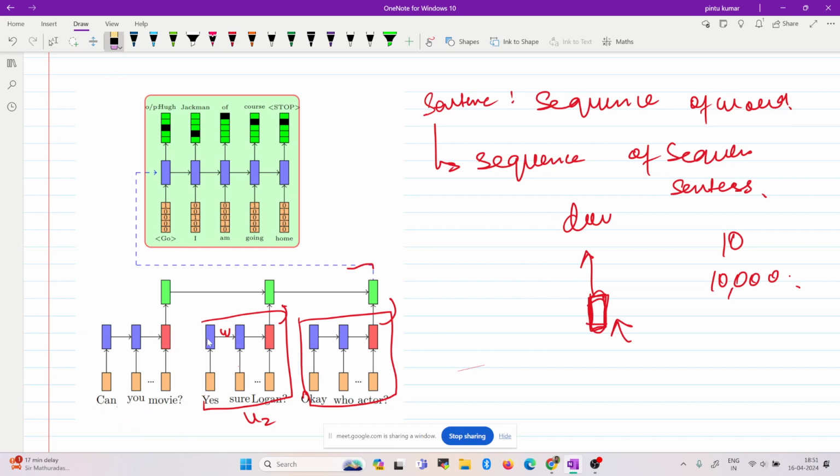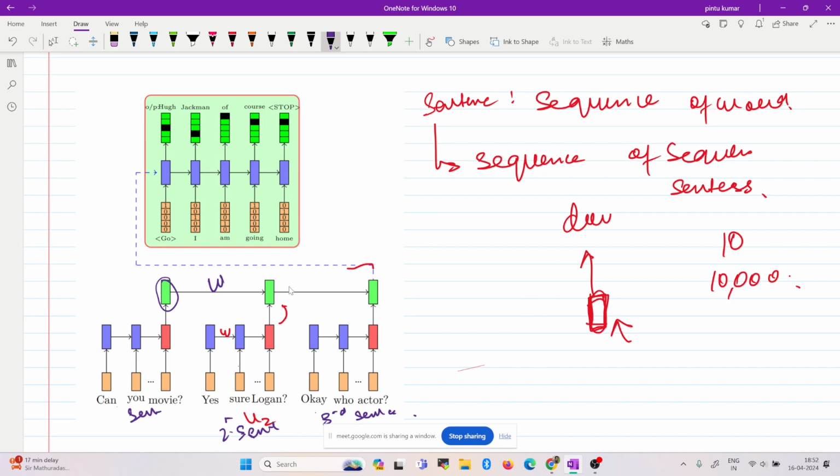Okay. So this is the first RNN for my first sentence. This is for the second sentence. This is for the third sentence, right? Now you again treat this as an RNN. This is your W, this is again your W, and this final output you will pass to your decoder layer.